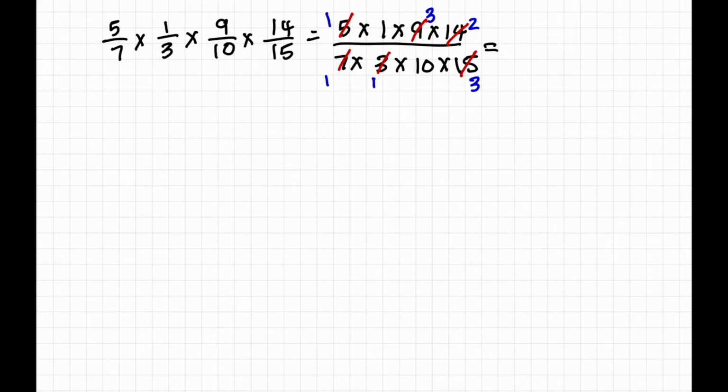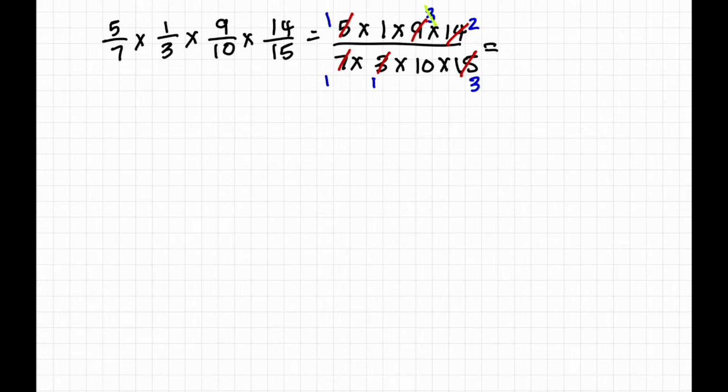I see one more here. Or I see 2 more, actually. Because we already changed 9 into 3 and 15 into 3, we can do 3 and 3, because that equals 1. And anything times 1 equals itself.